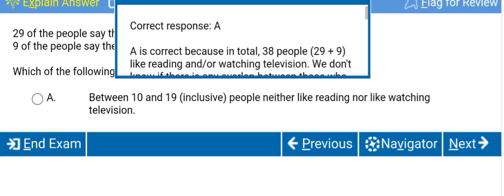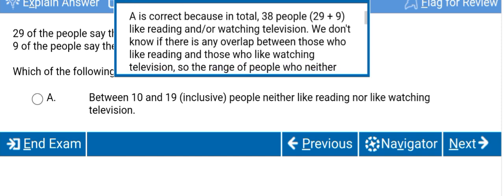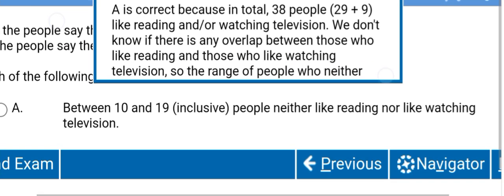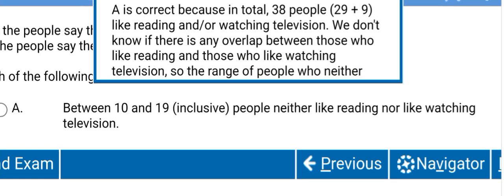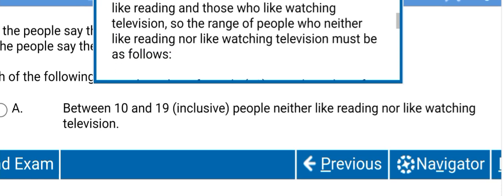So the correct response is option A. It is correct because in total 38 people like reading or watching television. We don't know if there is any overlap between those who like reading and those who like watching television. So the range of people who neither like reading nor like watching television must be as follows.